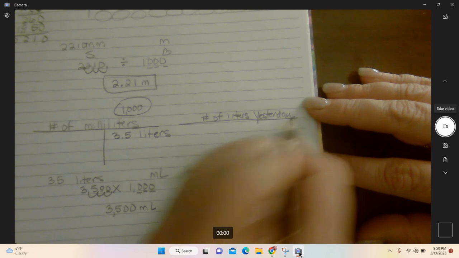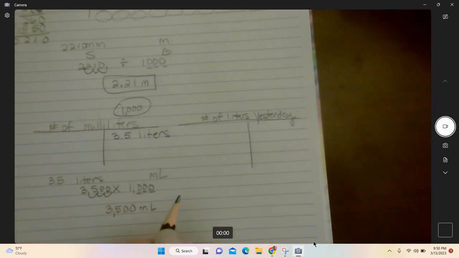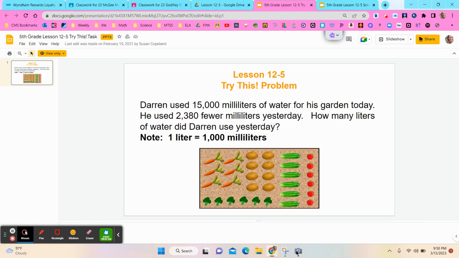All right, let's go back in and take our notes from what it said before. It said he had 15,000 milliliters today, ml today. And then he used 2,380 milliliters fewer.